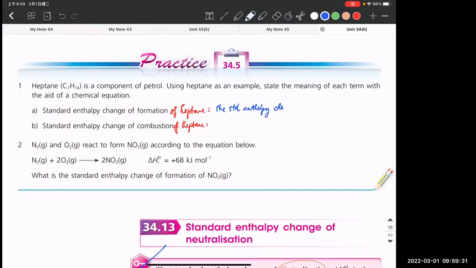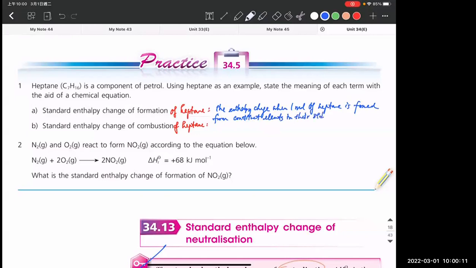The standard enthalpy change of formation of heptane is the enthalpy change when 1 mole of heptane is formed from its constituent elements in their standard state under standard conditions.